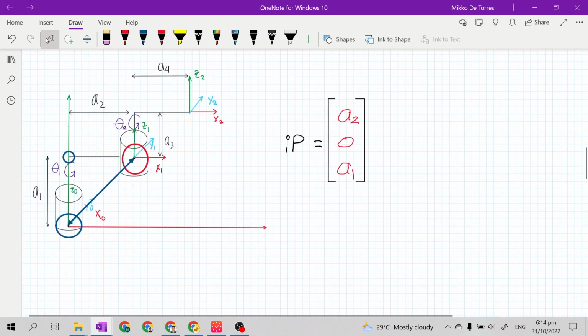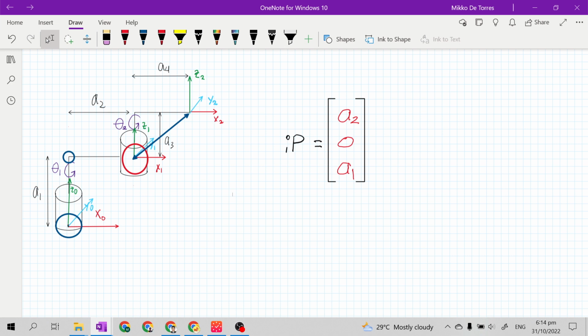to the second position vector because we have a third frame. The third frame is frame 2. Our next position vector is from frame 1 to frame 2. So how frame 2 is translated on frame 1, or P12.